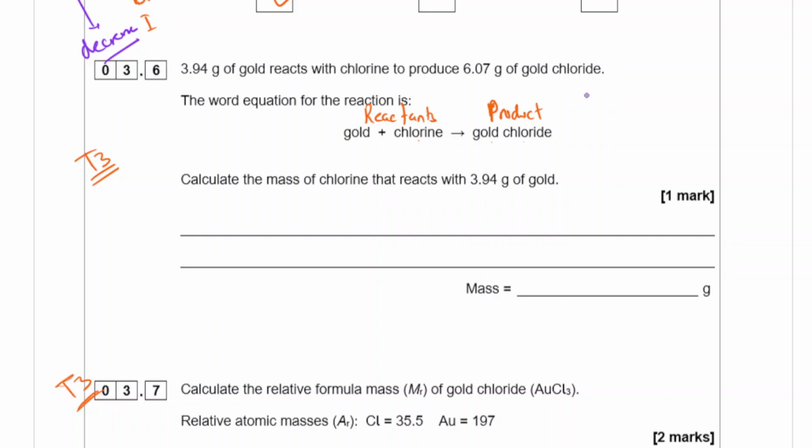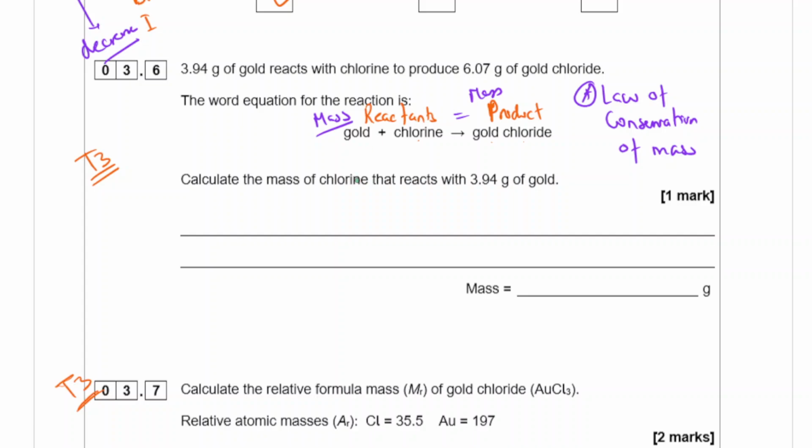Now, law of conservation of mass. What does that tell you? Total mass of reactants should be equal to the total mass of the products.